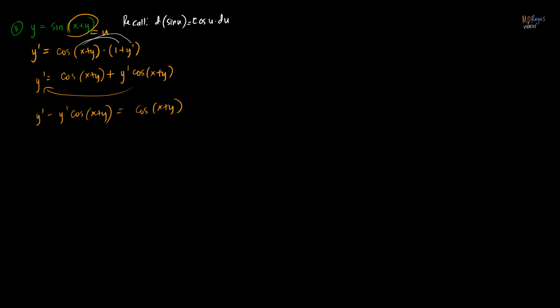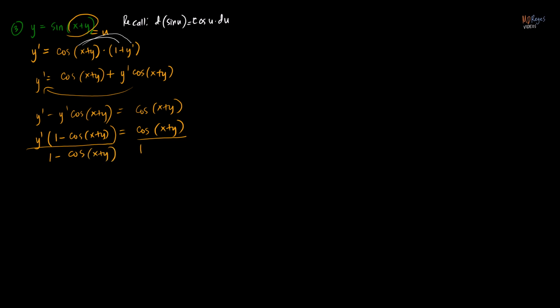And then again, factor out y prime from both terms on the left side of the equation. We'll get y prime times the quantity 1 minus cosine of x plus y, and this is equal to cosine of x plus y. To solve for y prime, we simply divide both sides of the equation by the expression inside the grouping symbol, which is 1 minus cosine x plus y.